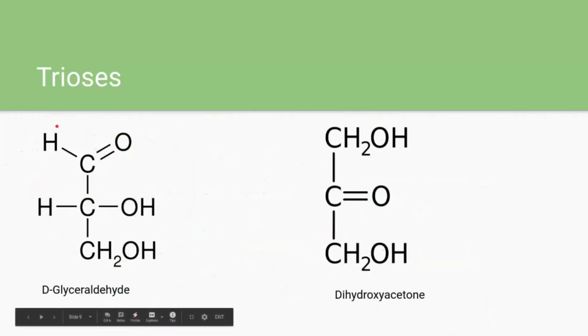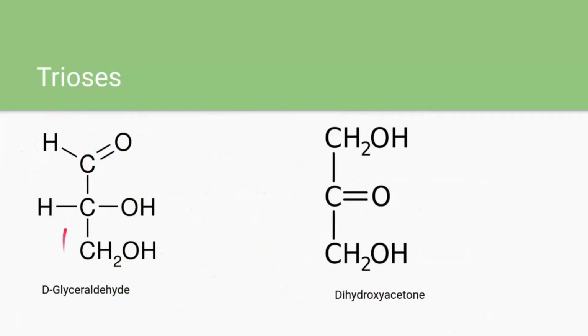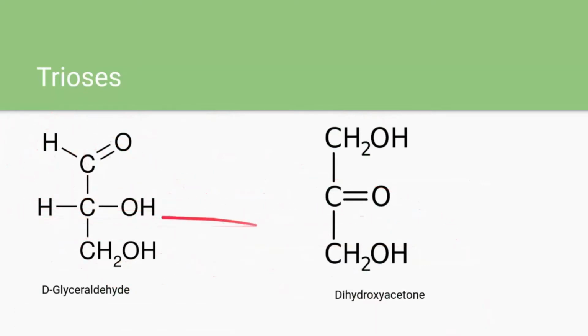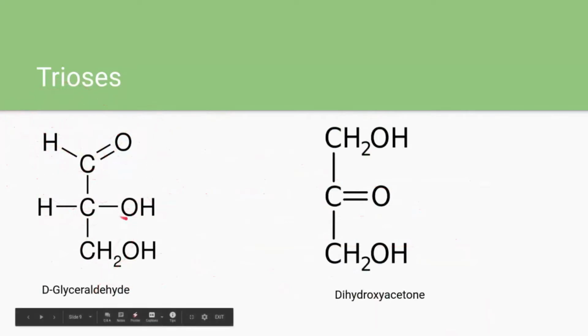trioses, basically 3 carbons. This is the most basic type of sugar. D-glyceraldehyde: you have the aldehyde group I was talking about. You see you have an oxygen atom on the carbon atom, and then you have a hydrogen. That's the most basic part. And then you have 2 hydroxyl groups, which gives us the glycerol nomenclature.